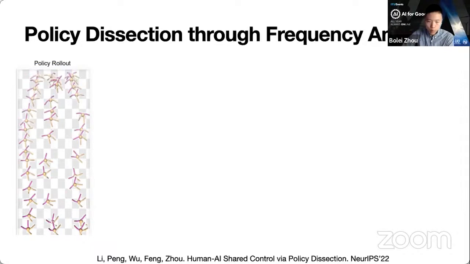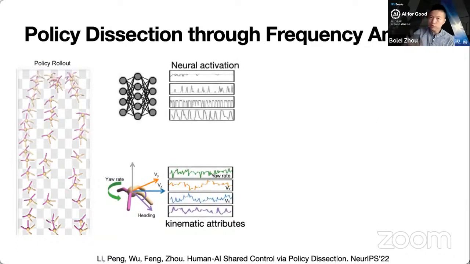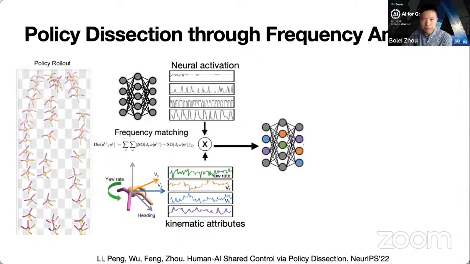So this policy dissection starts with policy rollouts. We do a lot of rollouts, then we can collect a lot of behaviors, a lot of kinematic attributes. We can also collect their internal activations, right? Those activations and the kinematic attributes are more like time series. So now we want to build the correlations, or even calculate the causality, between the two. Then we perform some frequency analysis, which are time series analysis methods.